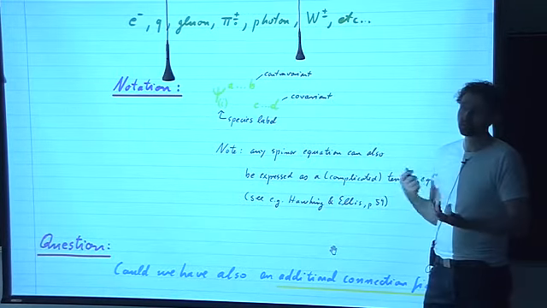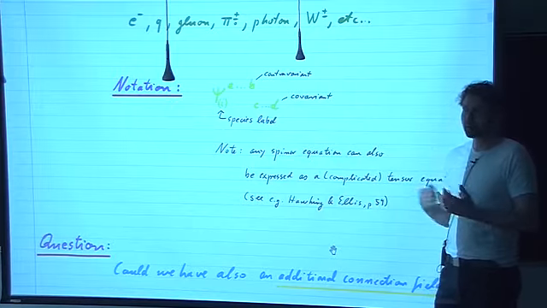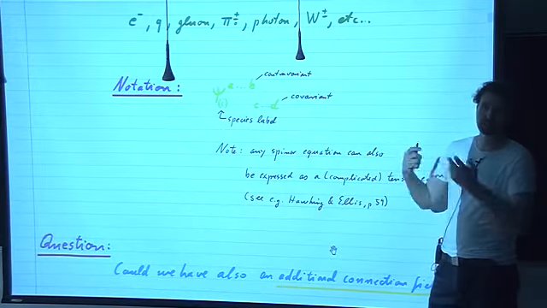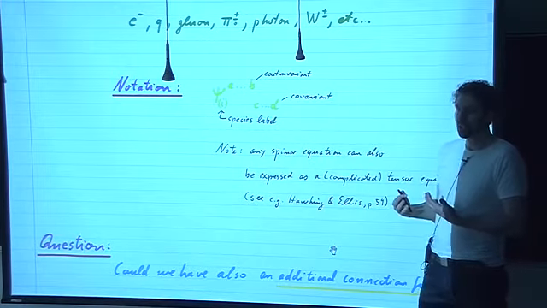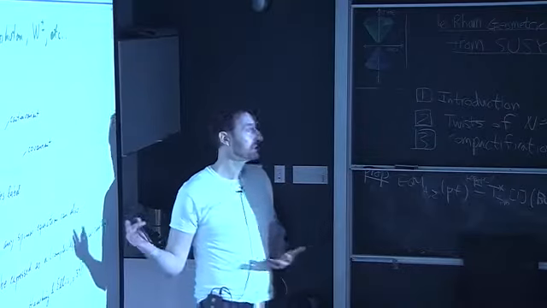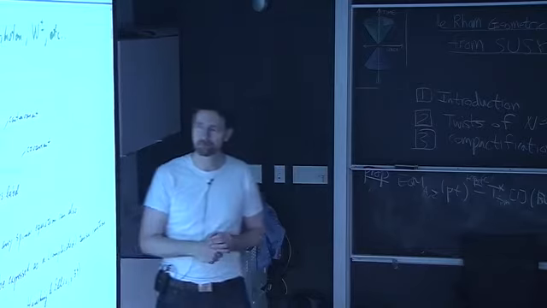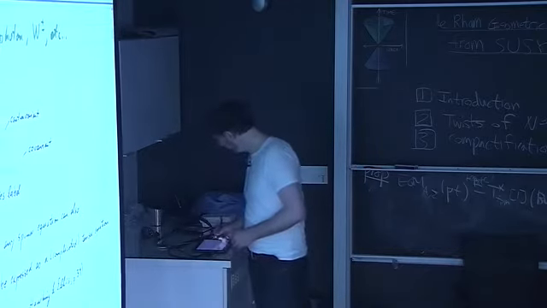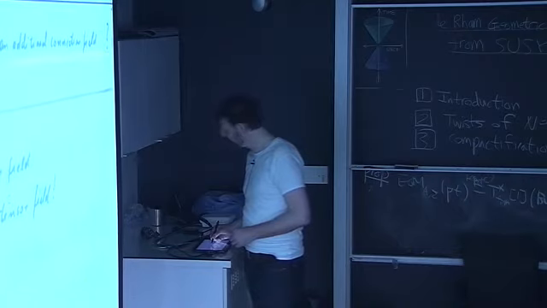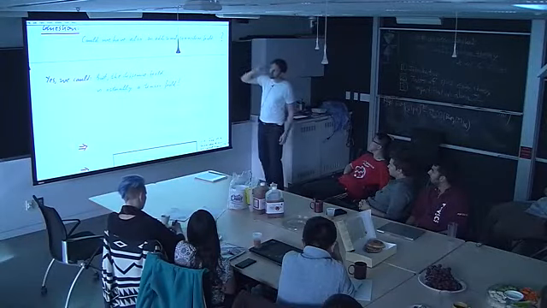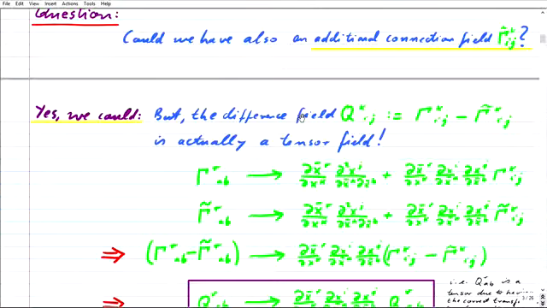And it also is described by some affine connection gamma. Let's call it gamma tilde. How can we be sure that's ruled out? Because nobody's considering this. Why not? It turns out you can consider this. There might be an additional connection field. Let's call it a gamma tilde. There might be such a thing in nature, but it turns out that this doesn't mean that we have a second gravity.